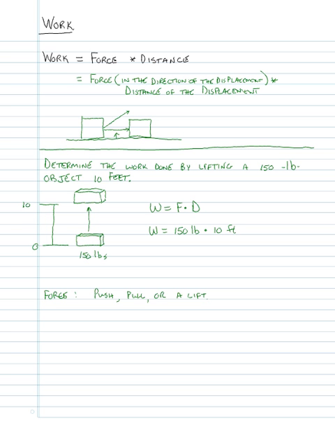And so the work done by lifting this 150-pound object is 10 times 150, or 1,500. In this case, the work units are foot-pounds. That's what we call it.